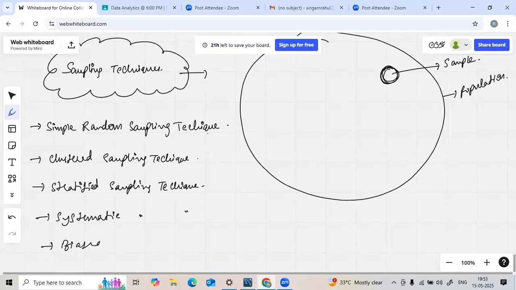You also have a type of technique called the biased sampling technique. So different techniques are there.